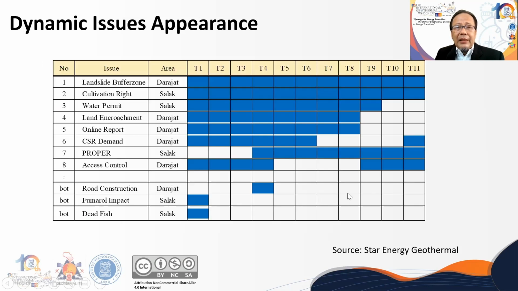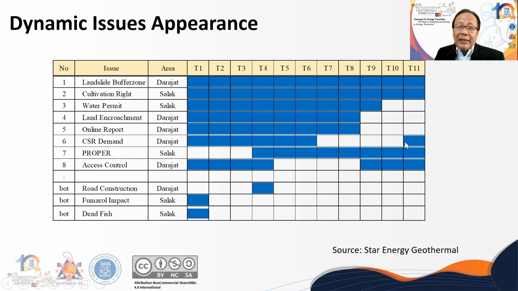If you look at the issue age, the buffer zone always came up and until now is not yet resolved. Also the water permit took some time. But some issues like road construction block, impact from the crater, and the dead fish only appeared once and were resolved directly. But like in CISR, the team had solved it, but now it appears again.